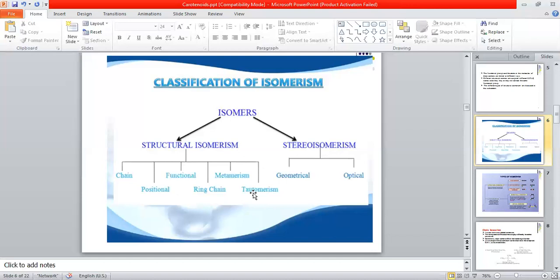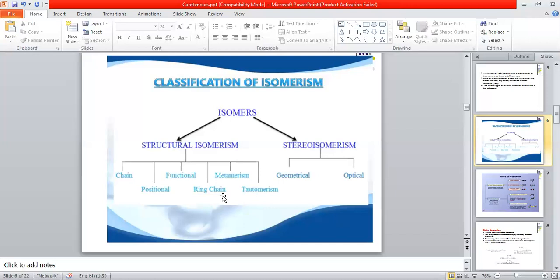Different books have different types. Suppose in some books they have included only chain, functional, and position isomerism. In some books they have mentioned only three things: chain, position, and function. They didn't mention metamerism, ring chain, and tautomerism. But if I follow that book, then you will not be able to learn about these three things too.